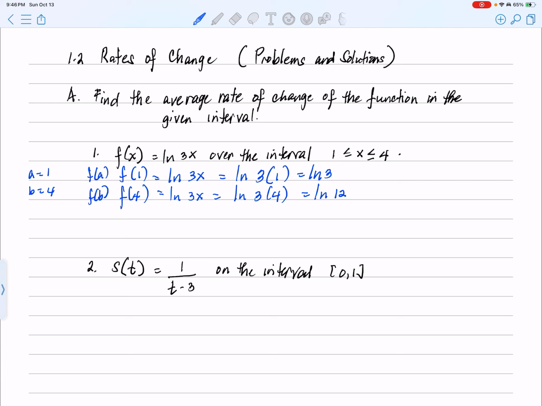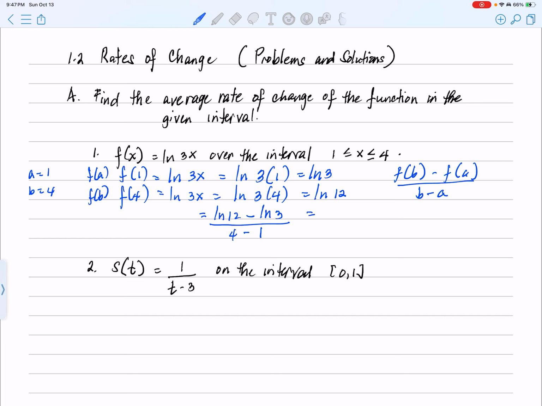So the formula for finding the average rate of change is f of b minus f of a over b minus a. So what is our function of b? We have the natural log of 12 minus the function of a, the natural log of 3, over 4 minus 1.